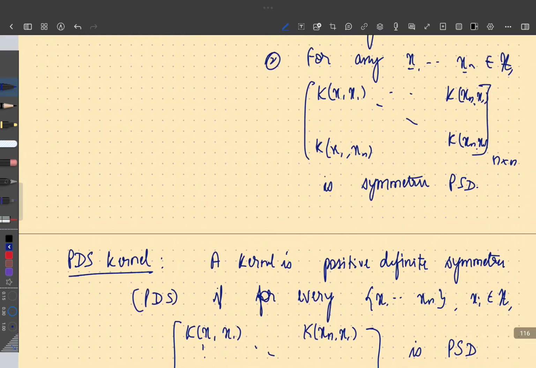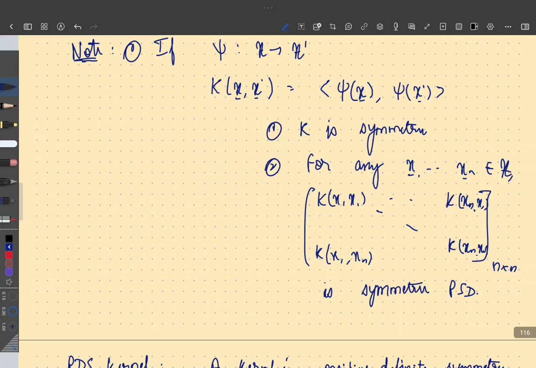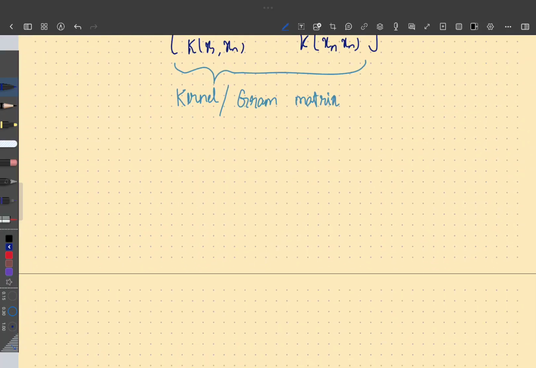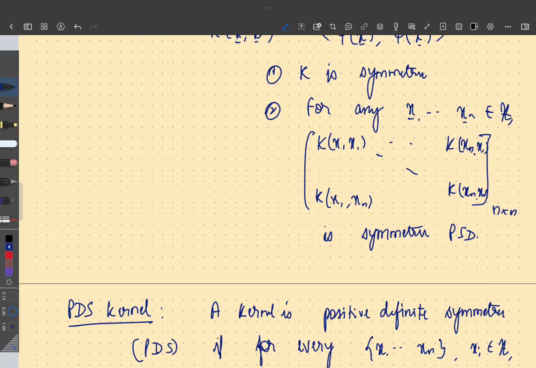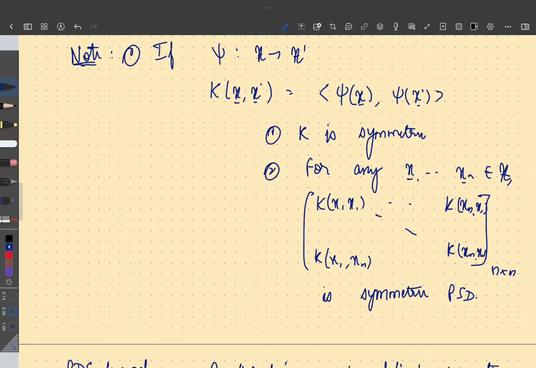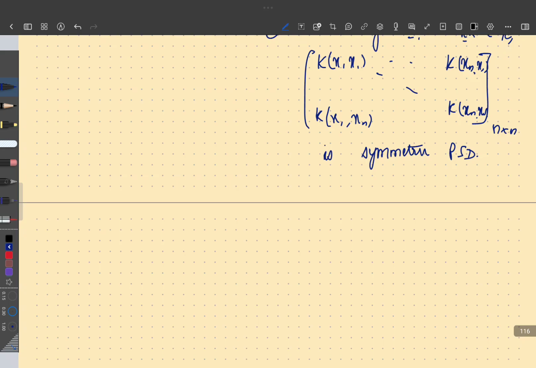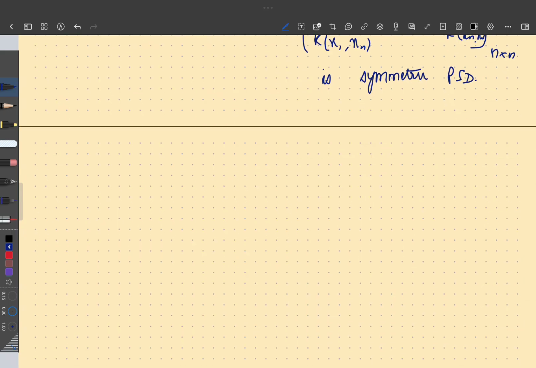So let's take a 2x2 example perhaps. Let's say x1 transpose x1, x1 transpose x2, x2 transpose x1, x2 transpose x2, and let's multiply this by alpha and beta.